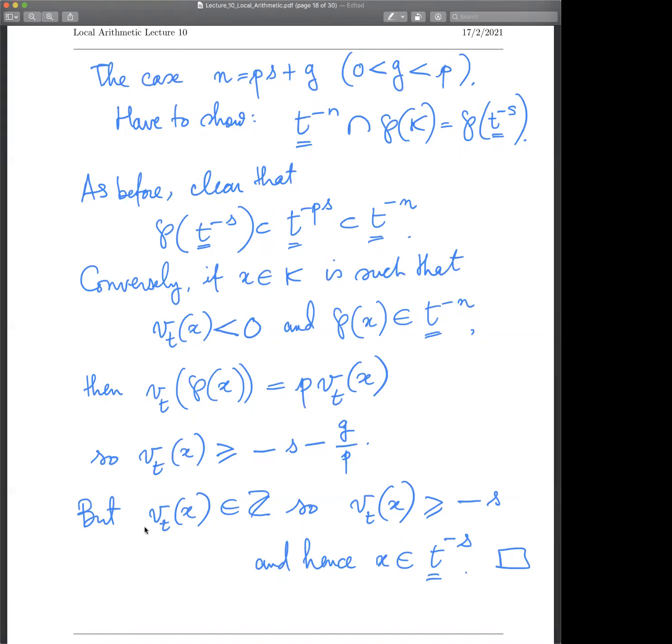But the valuation is actually an integer. And if it's greater than this, then it has to be at least minus s, because it's an integer. And this is strict, g upon p is strictly between 0 and 1. And this implies that x is in t to the minus s.